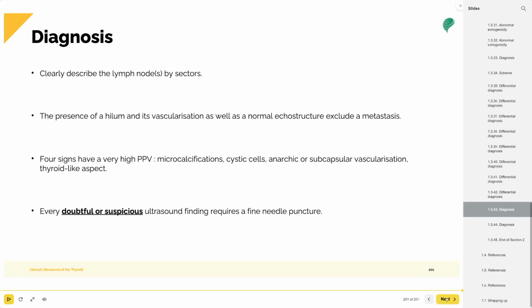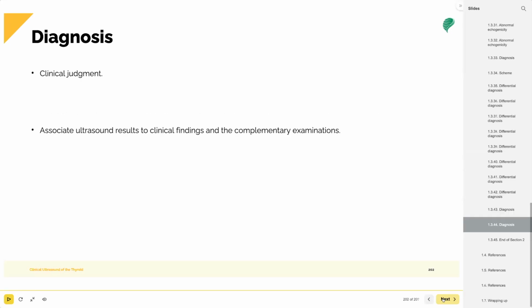It is important to clearly describe the lymph nodes: the shape, the vascularization, the presence of a hilum, the location, and to determine if the lymph nodes would be more malignant or benign.